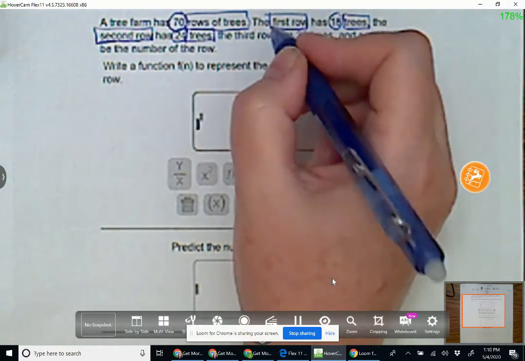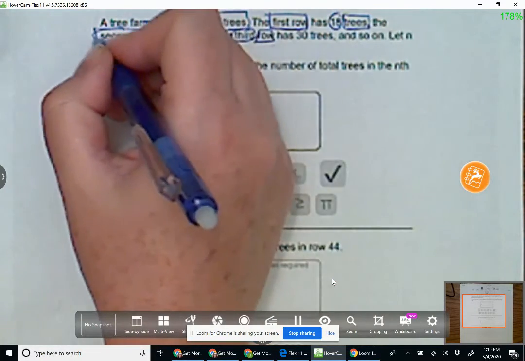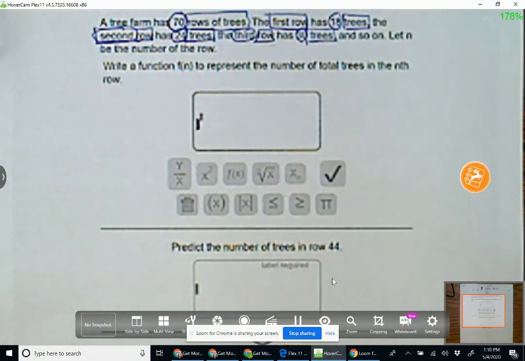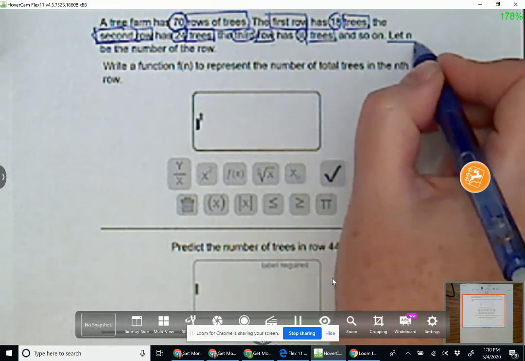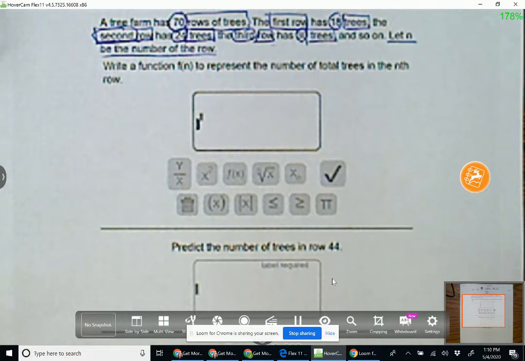The third row has 30 trees, and so on. Let n be the number of the row. Write a function f of n to represent the number of total trees in the nth row.